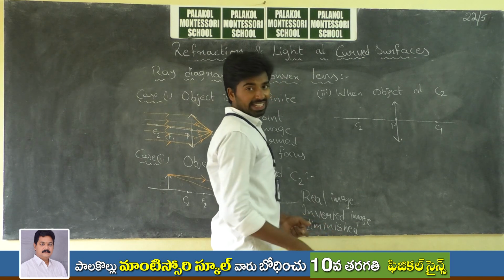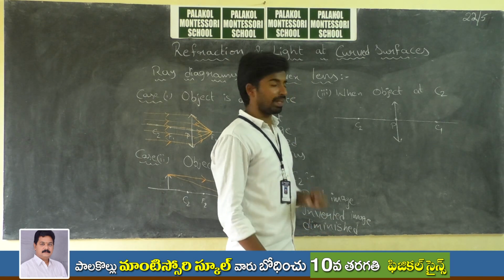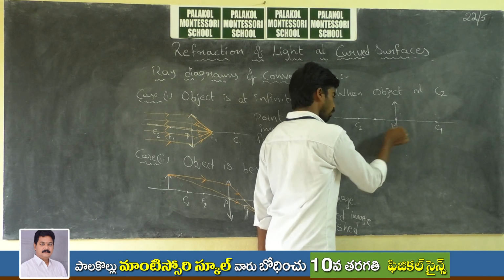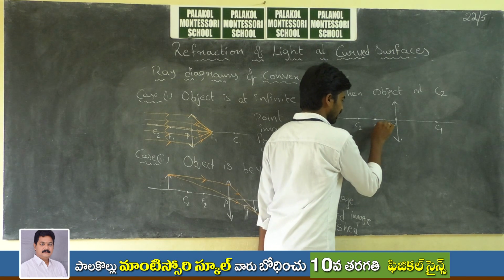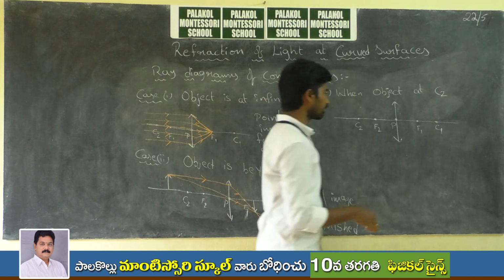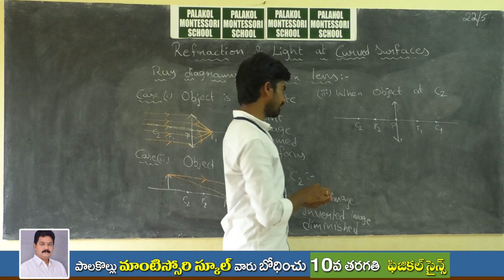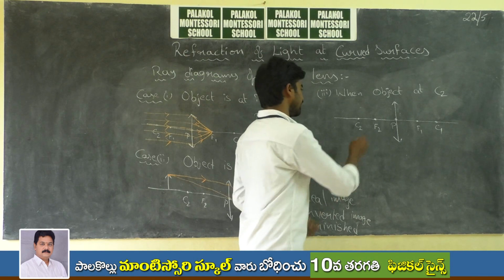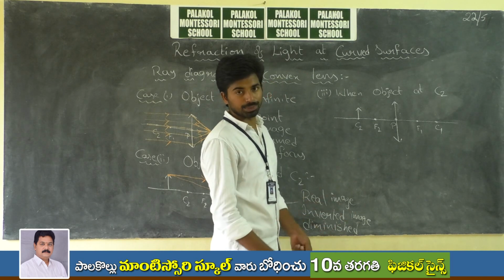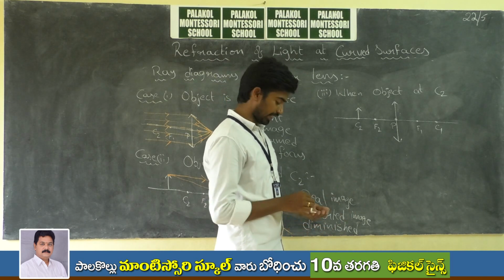To obtain ray diagrams properly, you need to place the focus point exactly in the middle of the pole and the center of curvature. So this is F2 and this one is F1. Now consider an object at the center of curvature C2 and draw the ray diagram for it.